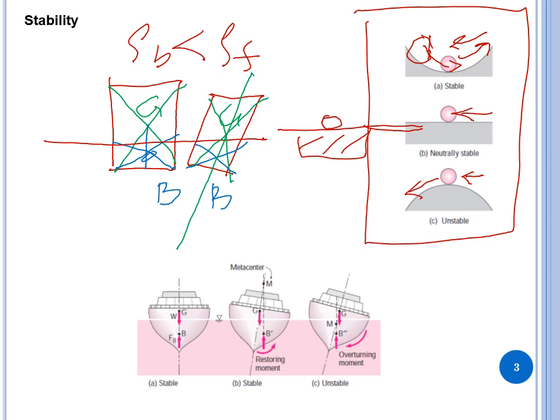I'm having some trouble drawing this. So that was the stable system.